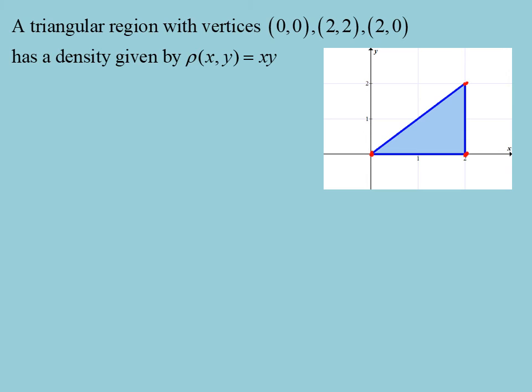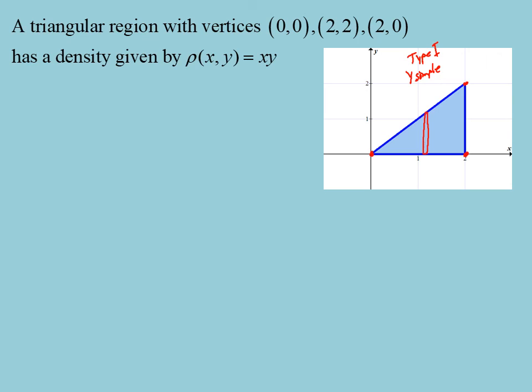In describing this triangular region, we need to make a decision in the beginning. Do we want to use vertical rectangles? We call this y simple, or type 1.